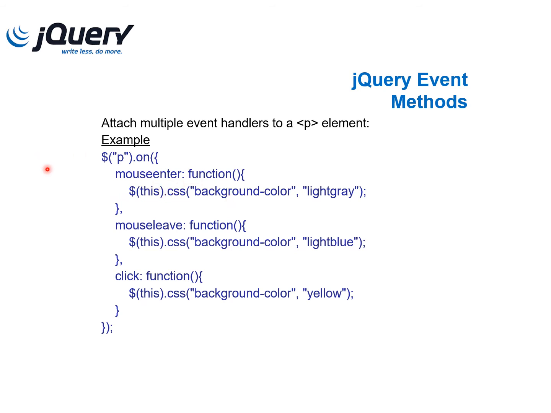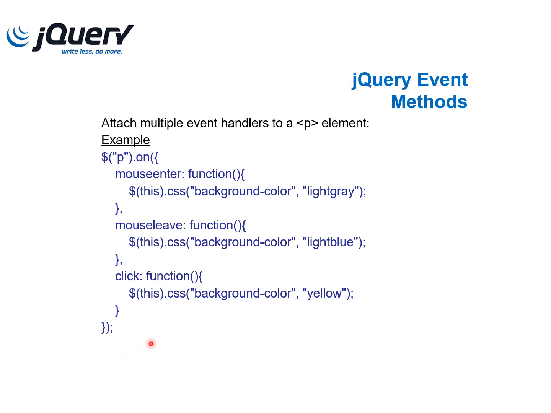Then inside the block, the first is the mouseenter function. If the mouse enters the paragraph, $(this).css background color lightgray. If the mouse enters the paragraph, the background color is changed to light gray. Then the mouseleave function: $(this).css background color lightblue. If the mouse leaves the paragraph, the background color is light blue. Then the click function.